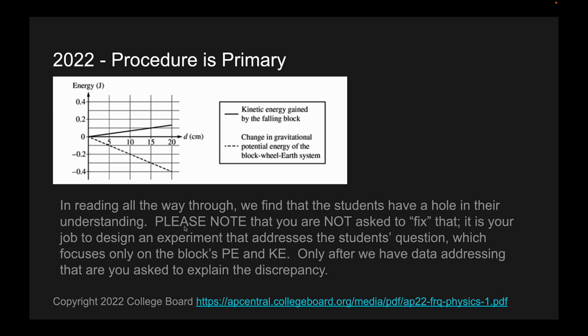That missing information was the energy for the spinning wheel, and we would want the total energy gained at the end. If we lost 0.4 joules, then our block energy plus the additional amount for the wheel energy, together those values would add up to 0.4.